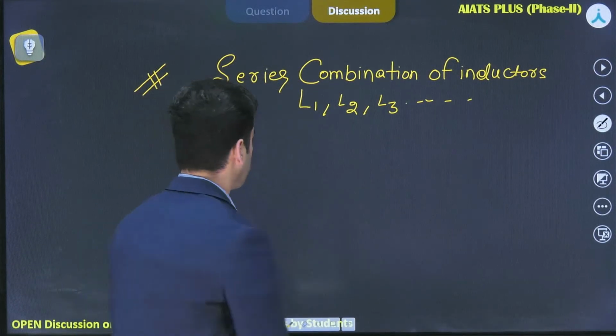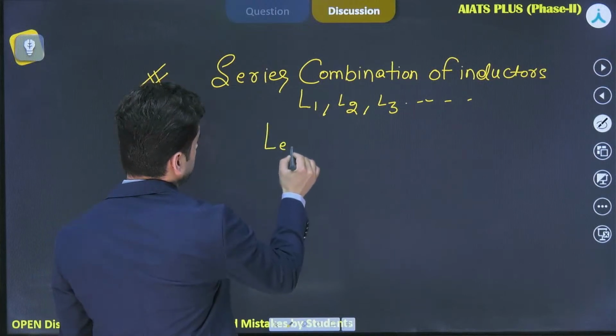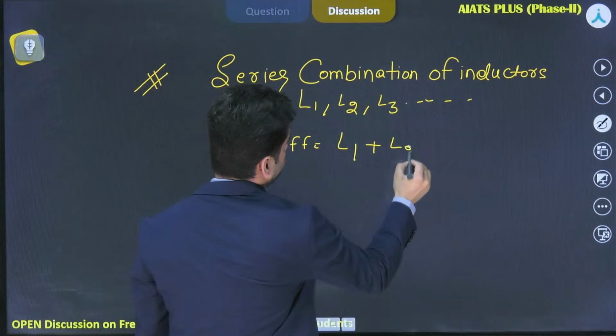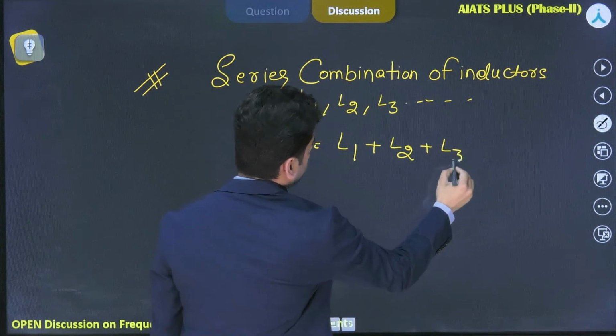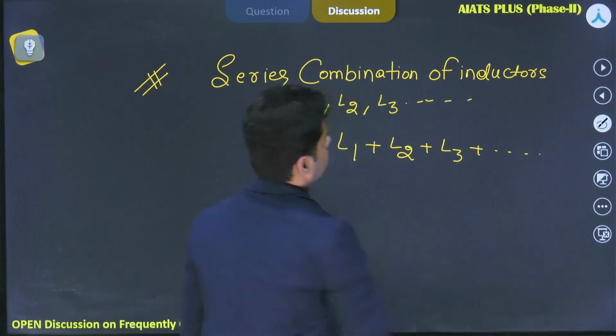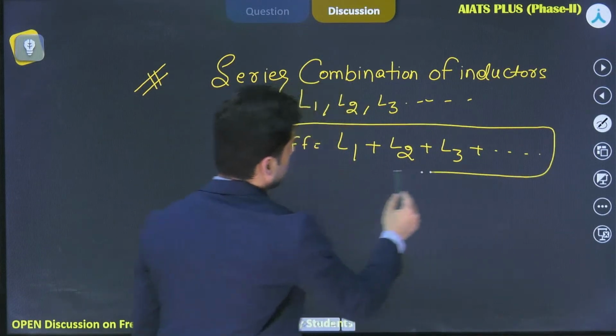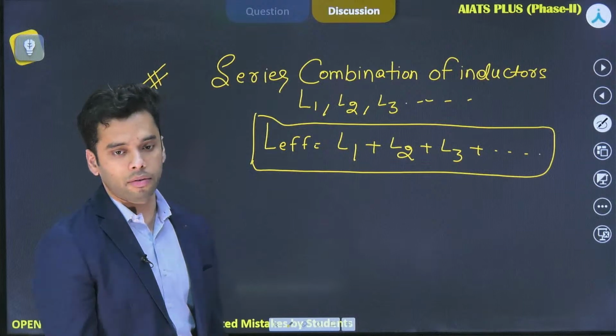So L effective for the series case will be written as L1 plus L2 plus L3 and so on. This is the formula for the series combination of inductors, right?